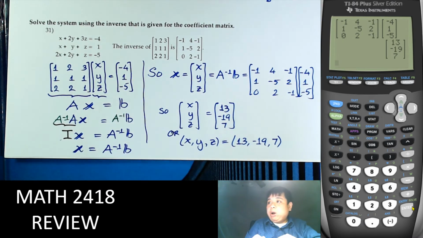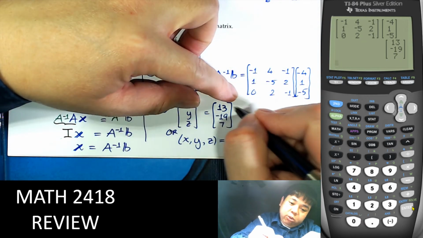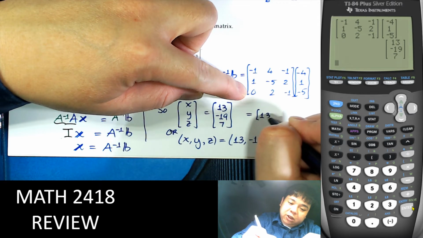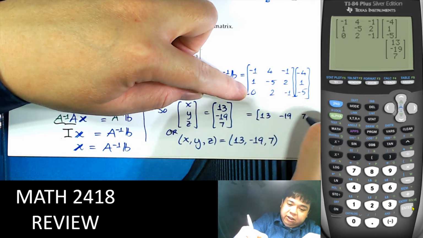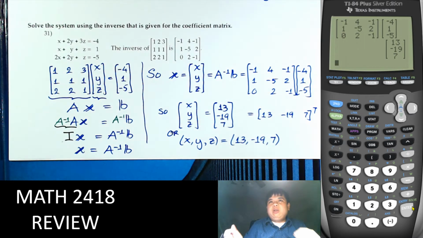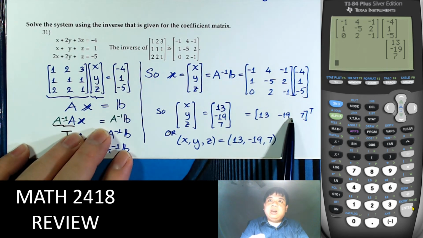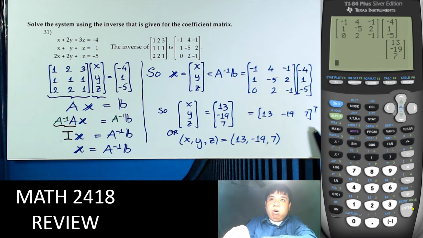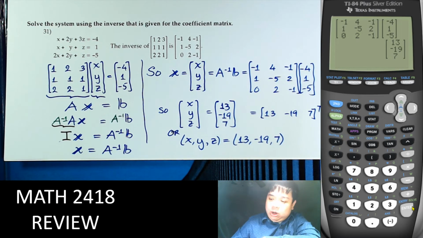Or if you really want to save space, instead of writing like this, we can say 13, -19, and 7 transpose. So there are a lot of ways to write this. We write like this if we don't want to write a column, which takes too much space. We just give it as a row and then transpose it. Same way.